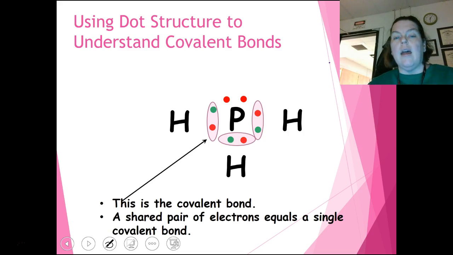I see that I have these places where the electrons are being shared. I've highlighted them here in pink, and this is the covalent bond. A shared pair of electrons equals a single covalent bond. So we see 3 single bonds between phosphorus and hydrogen, 3 different hydrogens.